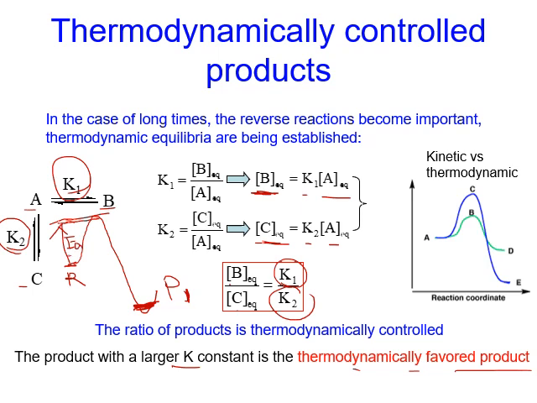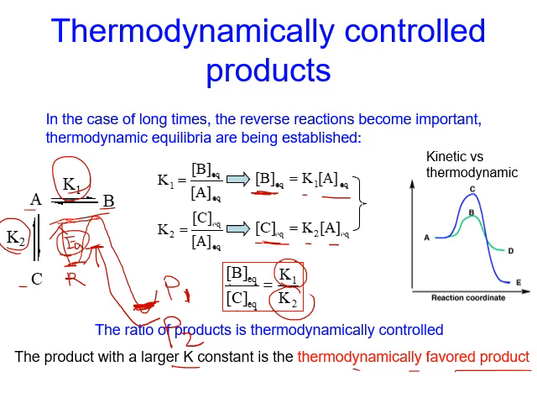Imagine you have another reaction going through a smaller transition state. Let's say this product is P2. P2 will be the kinetically favored product because it forms faster. It has a smaller activation energy.